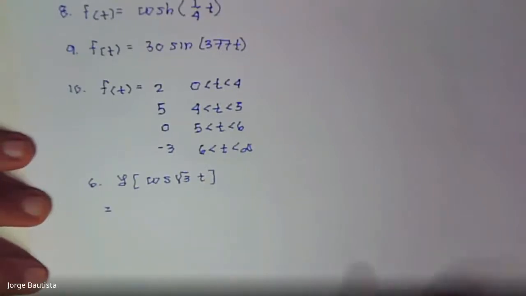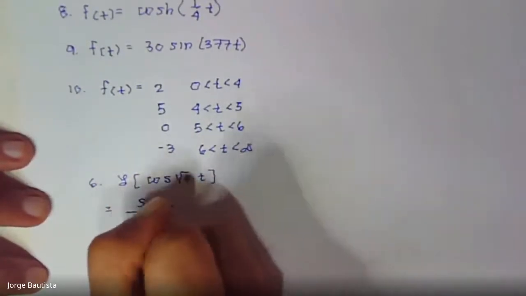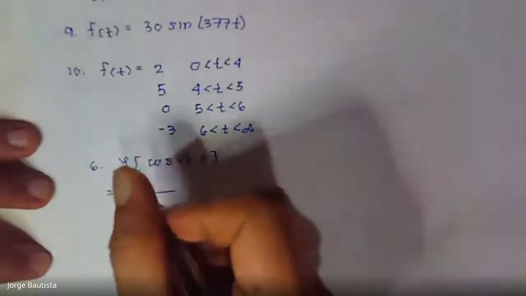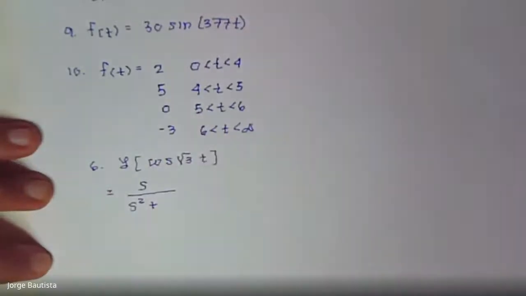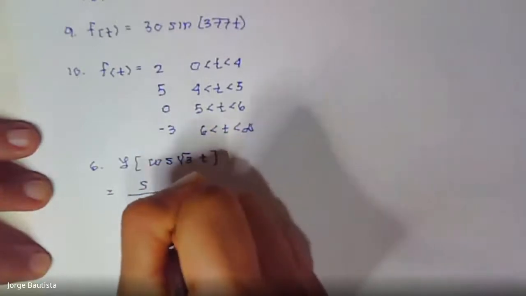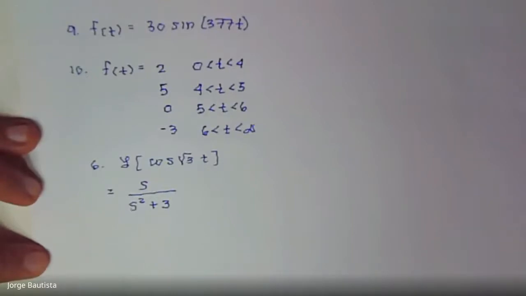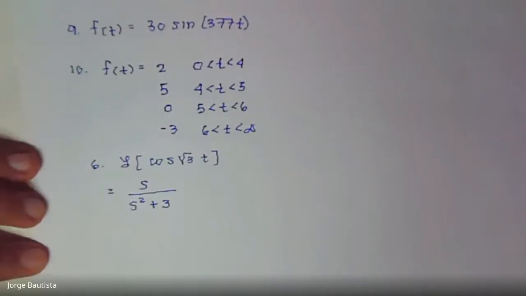Okay? So, s over s squared plus omega squared. Ito yung omega, squared mo yan, so this one will become 3. Di ba? Squared mo yung square root of 3. O di 3, canceling square root.